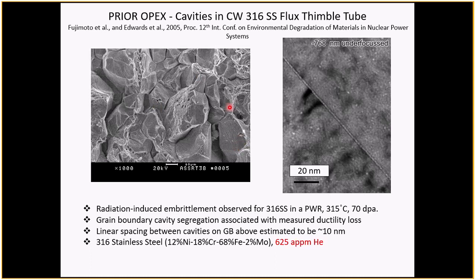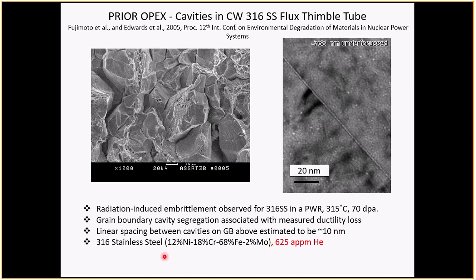And you may remember I said you could get this ductile failure if you had carbides decorating the grain boundary, and it might look like it's failing along the grain boundary, but it's still a ductile failure. But in this case, they don't have carbides on the grain boundary. What they do have is segregation of bubbles.